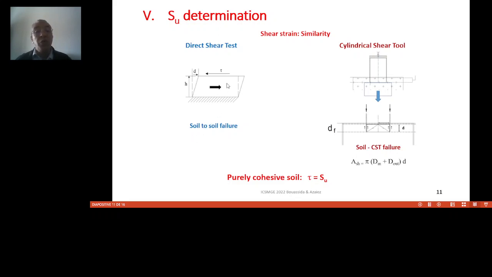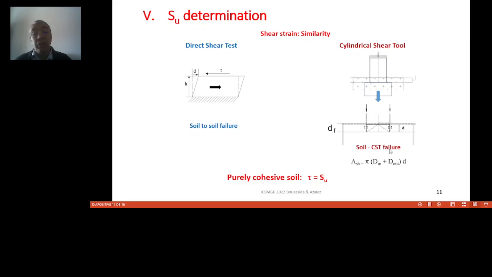So the shear strength we measure, it's a soil to soil failure. This is a failure between parts of the soil. But while using the CST, as we can see here, when the CST penetrates the soil, we measure the resistance between the soil and the CST itself, the tool.